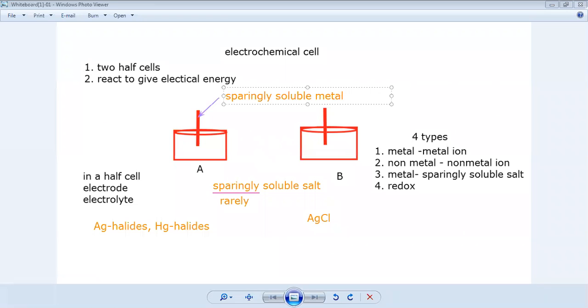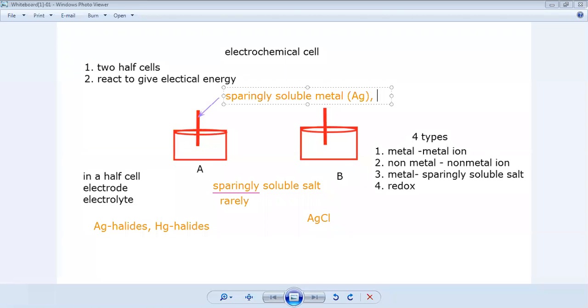Now in this case, what is the metal? Ag. So the rod will be silver, made of Ag. Is it clear?